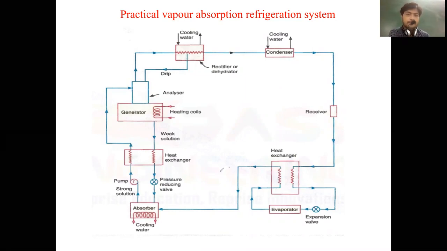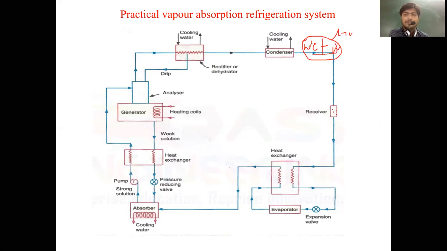So here we start from the condenser. After the condenser, the wet vapor goes into the receiver, where it is stored. Wet vapor means the phase is changing, a mixture of some liquid and vapor particles.